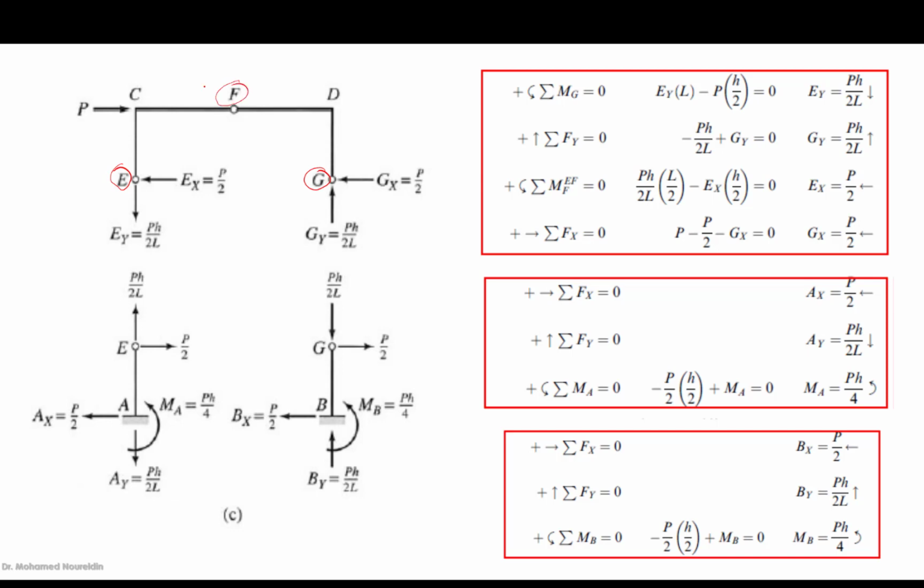If you want to solve the portal frame, look here. Because there is an internal hinge introduced here, we're going to start with the summation of moments at this point, which is point G, taking counterclockwise as positive. Then the moment here should be 0. This means that all the forces passing through G are not going to make any moments.